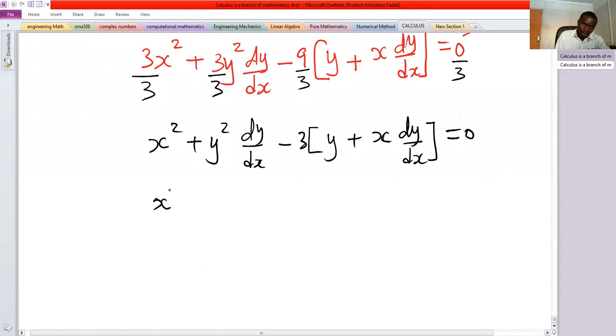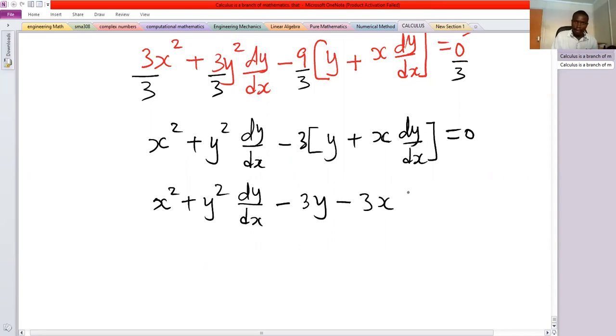So we have x squared plus y squared dy/dx minus 3y minus 3x dy/dx equals 0.